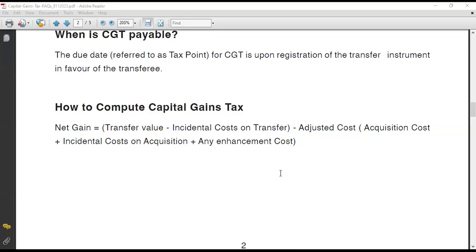So what is the enhancement cost? 5 million, which they built the fence. So what is the total? 100 plus 3 million plus 5 million is 108 million. So 233 minus 108?